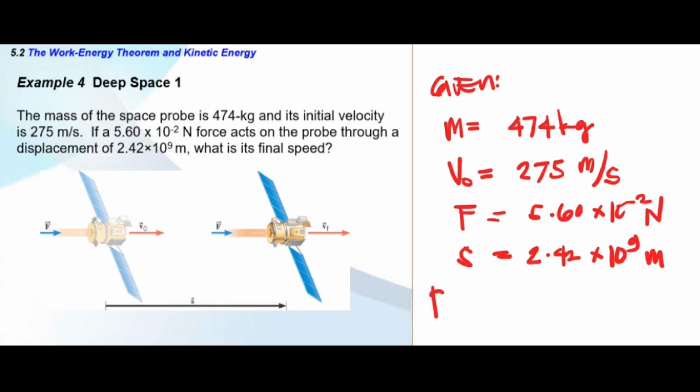So we are required to get the final speed v sub f. Okay, now let us look at the solution.